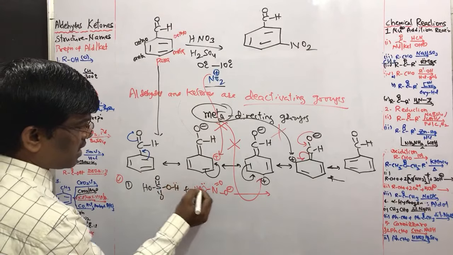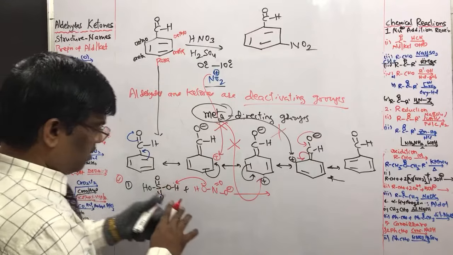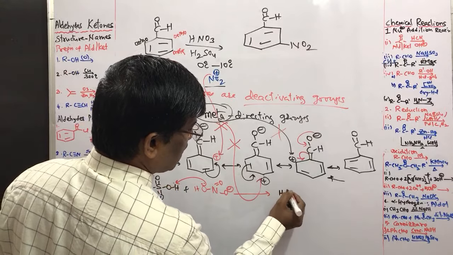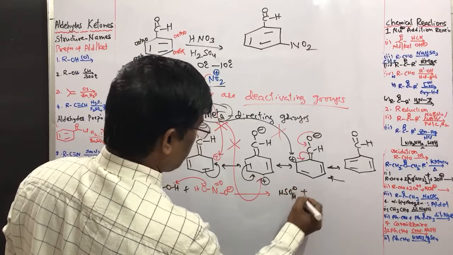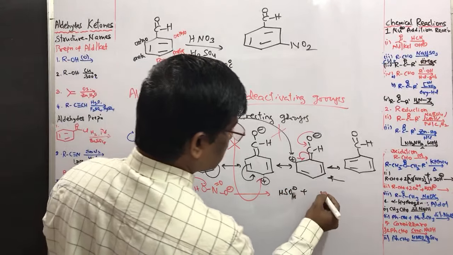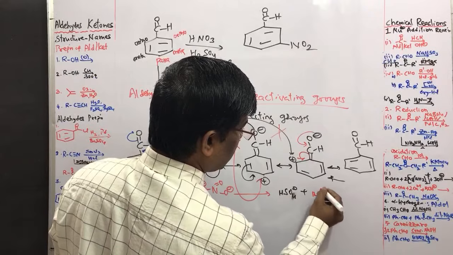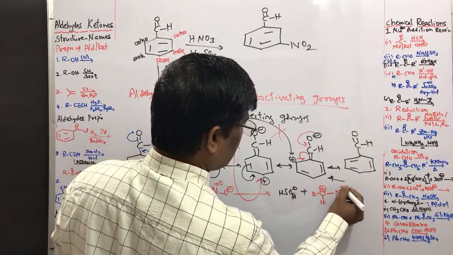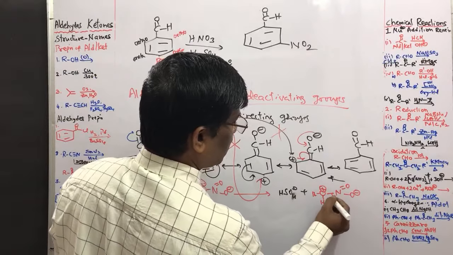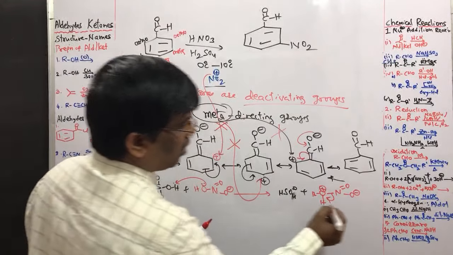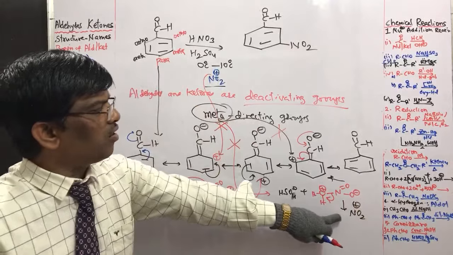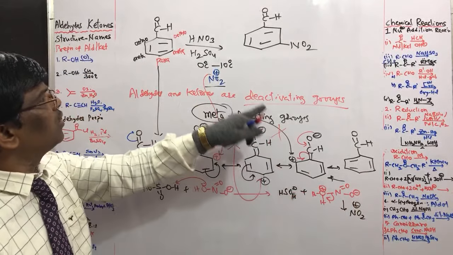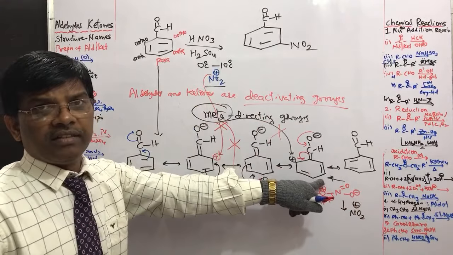It gives H plus ions to form HSO4 minus plus H2O, NO2, and it loses a water molecule to give NO2 plus. This is the electrophile that is going to attack the meta position.